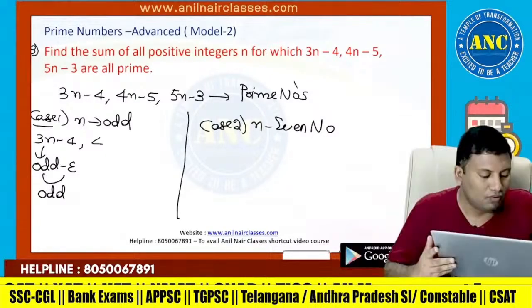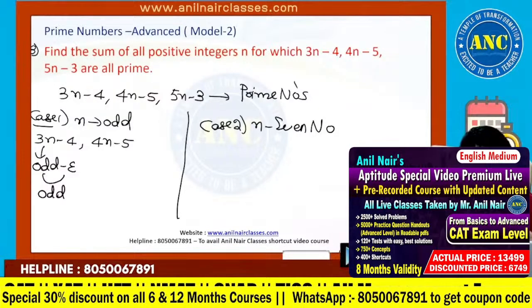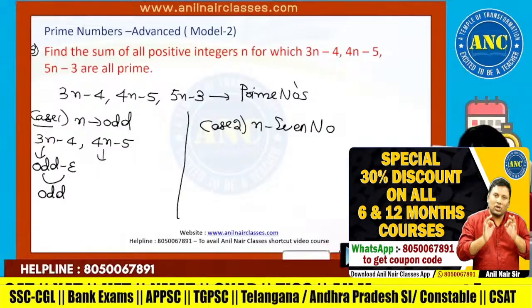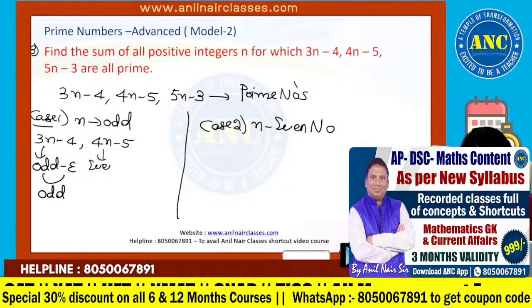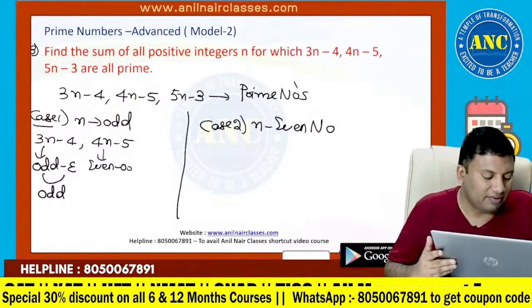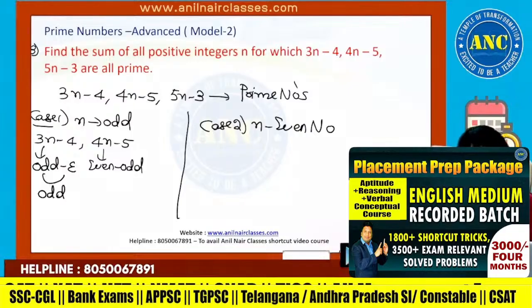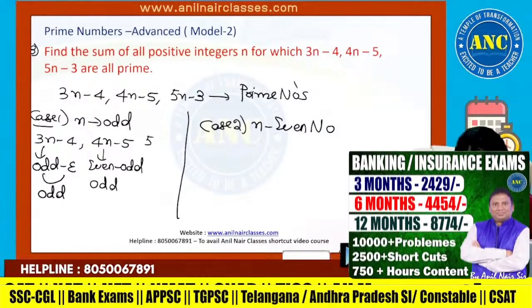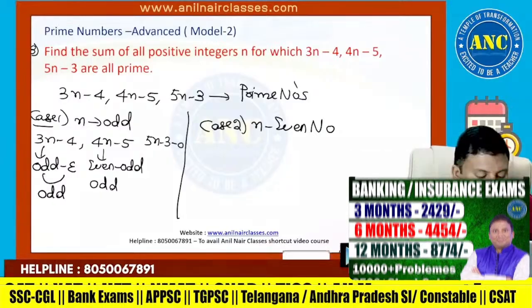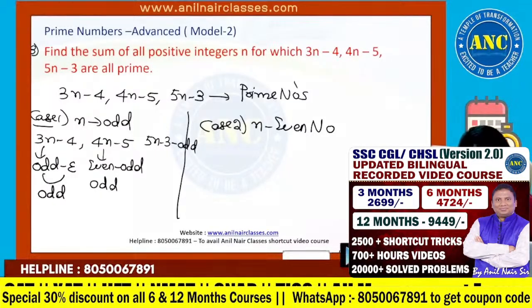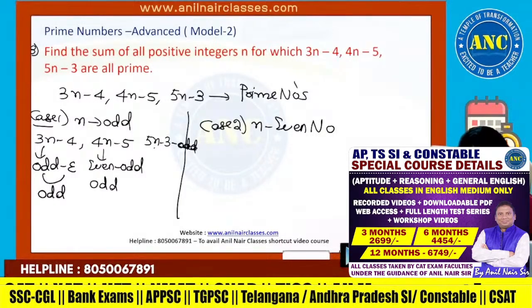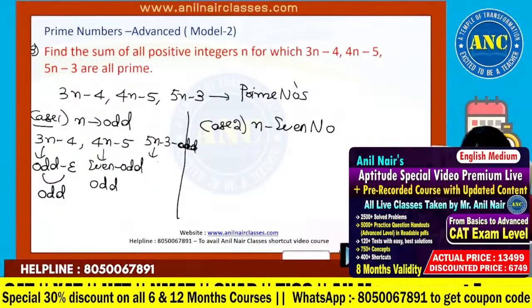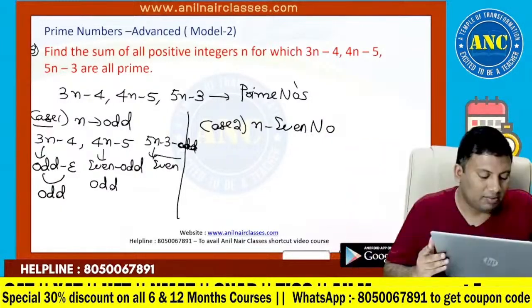Possible. 4n minus 5. 4n is odd into even, even. Minus 5, 5 is an odd number. So even minus odd, it is odd. 5n minus 3. It is odd into odd, odd. Odd minus odd, even.